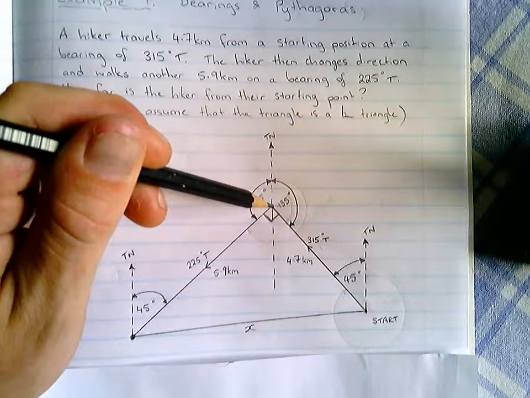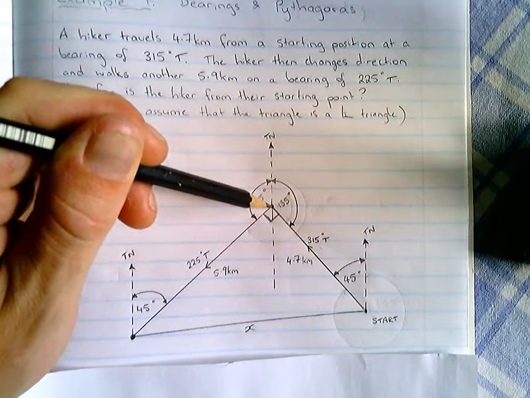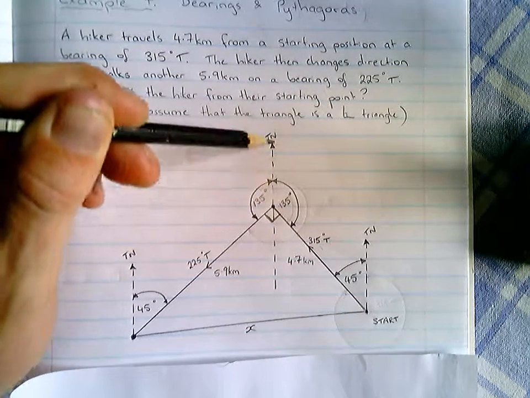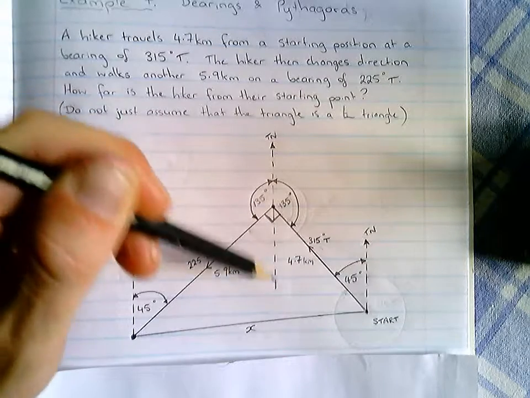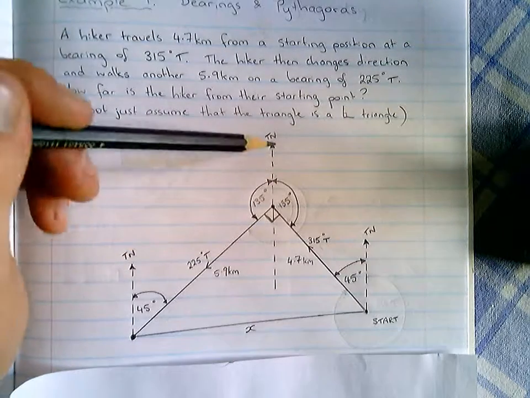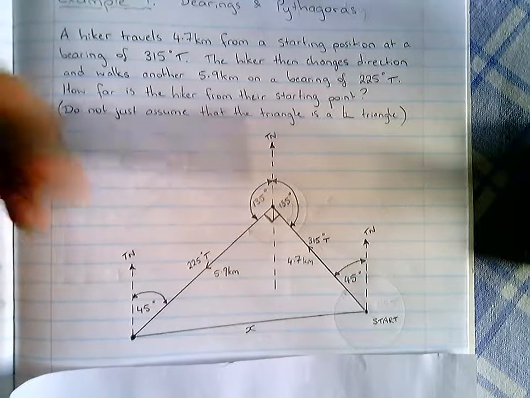I then put another point to represent the change of bearing, and once again drew in my true north arrow, and you'll note that I've also extended the true north arrow. Now you don't need to do that, but it might help you recognise some things in this image that you may not recognise as if it wasn't there.